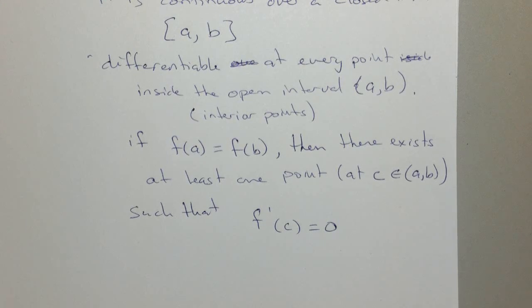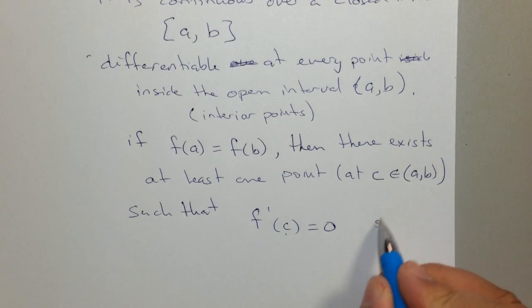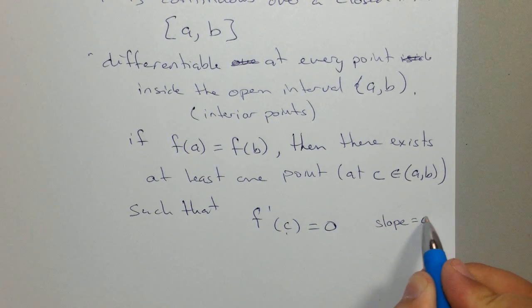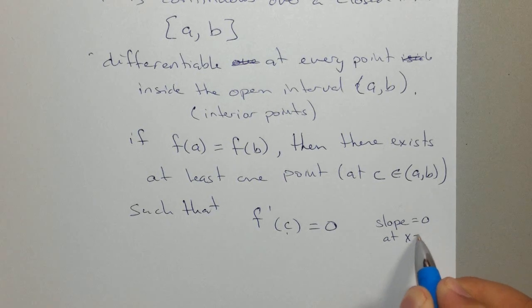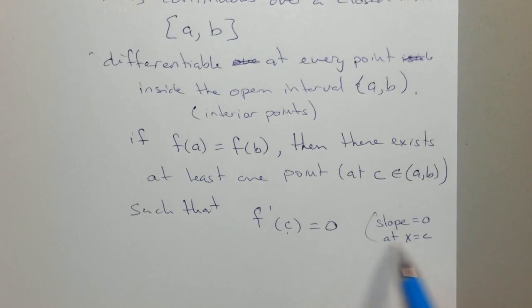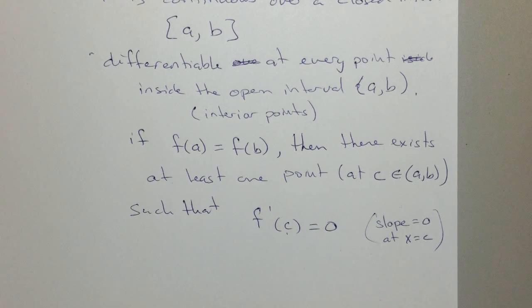What does that mean? When f prime equals 0, what does that mean? Well, yeah, it comes from a constant, yes, but we're looking for f prime at c equals 0. Vertex. It's the maximum or minimum point. Remember, the first derivative is slope. Slope equals 0 at x equals c. That's what it's telling us, which is the maximum, it's a vertex.